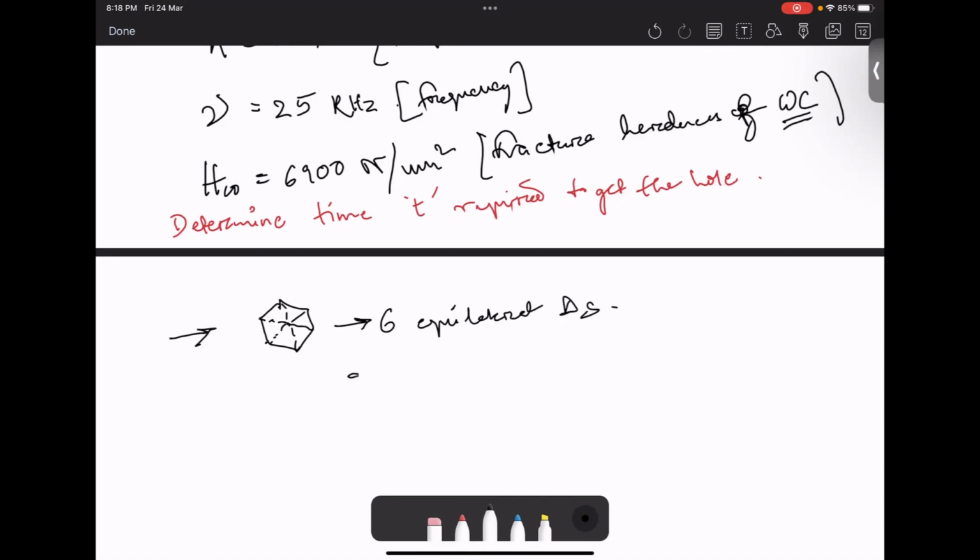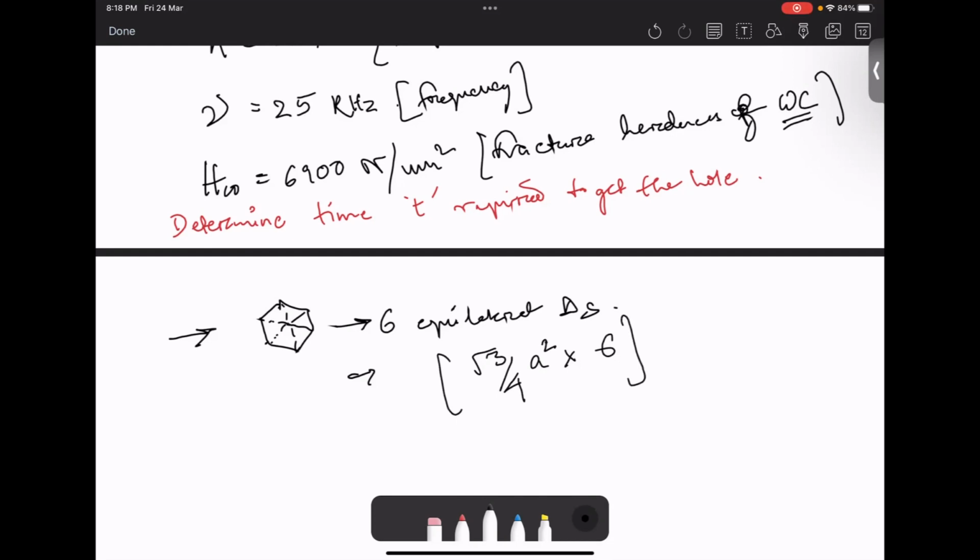To find the total area of this hexagon, you just have to get the area of one equilateral triangle. You know that the area of an equilateral triangle is root 3 by 4 a square, where a is the side of the hexagon, or the equilateral triangle. Then you just multiply it with 6 for 6 triangles.